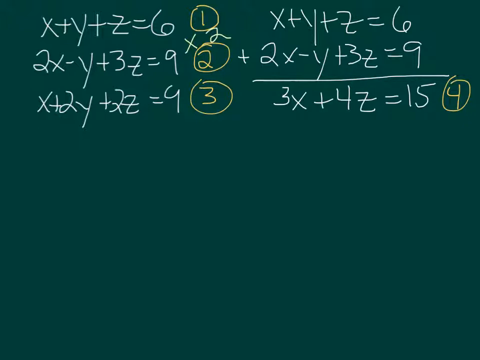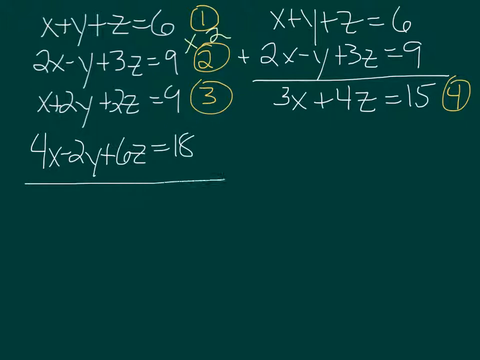So you should get 4x minus 2y plus 6z equals 18. Again, we're going to add these straight down and get 5x, the y's cancel, plus 8z equals 27. And we're going to call this the fifth equation.